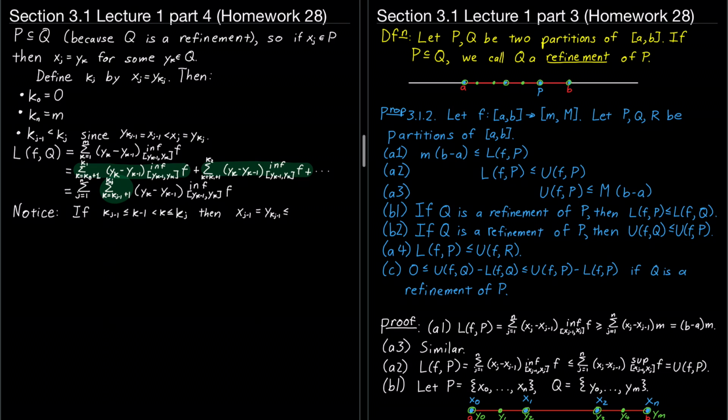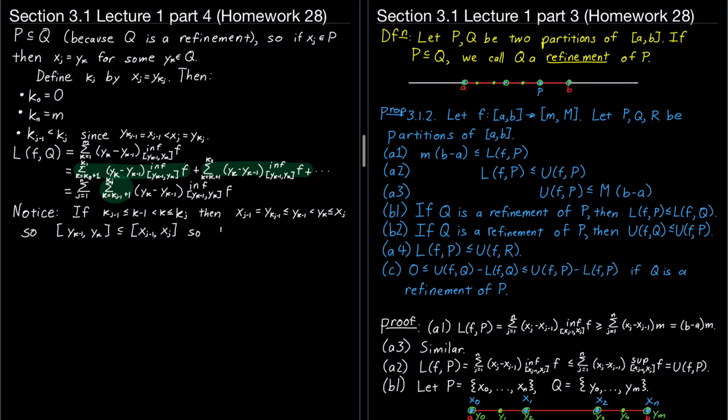That's less than or equal to y_{k-1}. And of course, y_k is less than or equal to y_{k_j}, which is x_j. So this interval, y_{k-1}, y_k, that's a subset of x_{j-1}, x_j.